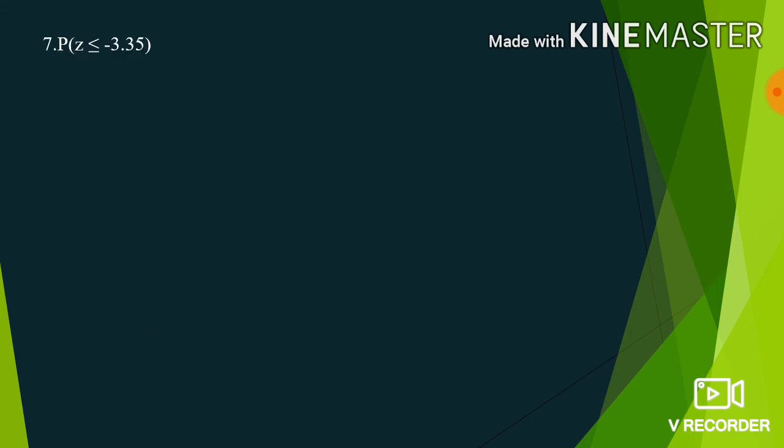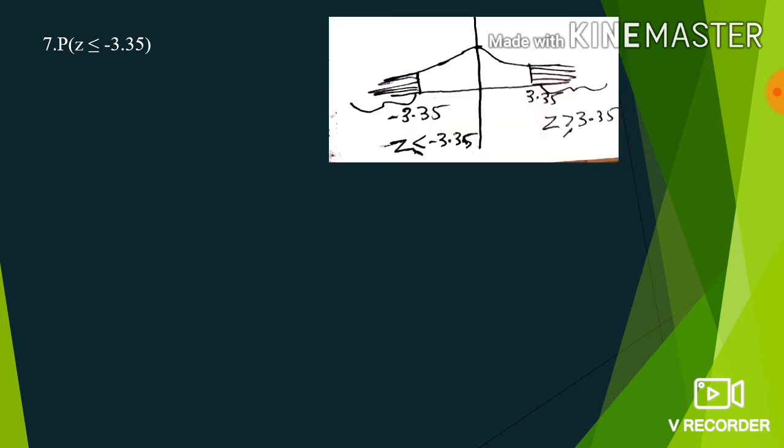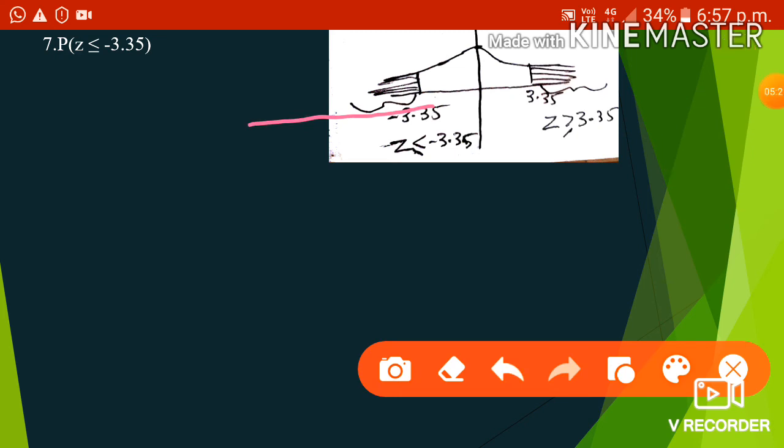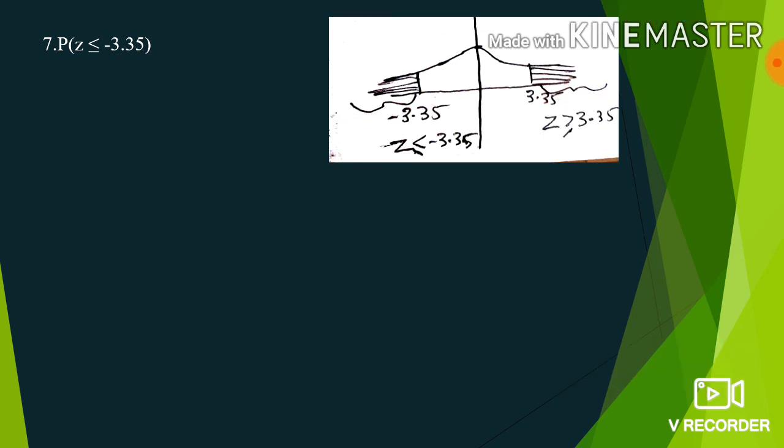Next, to find P of Z less than or equal to minus 3.35. Minus 3.35, less than or equal to minus 3.35, which comes on this side, which is the same as greater than or equal to 3.35.